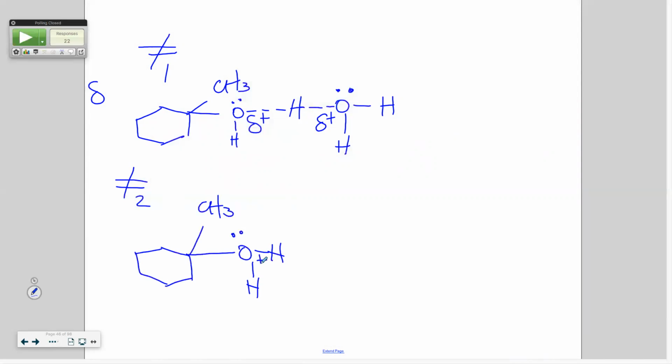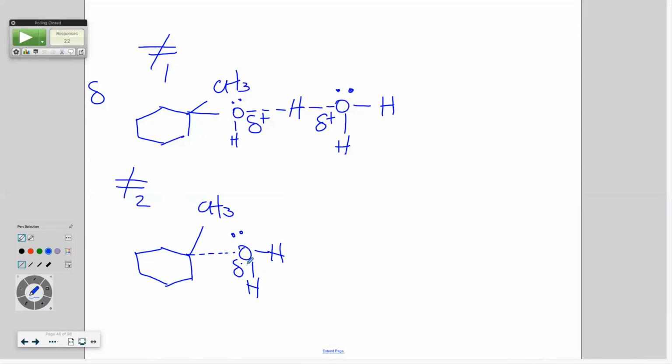This is where we're starting. So what are we doing? In here, we are breaking this bond, right? And then what else are we losing? The positive charge, right? At the end, the O was neutral.